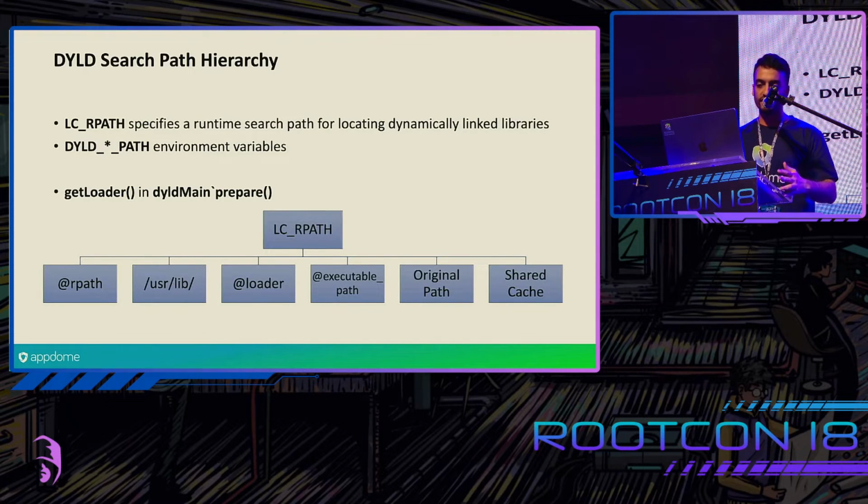In addition, dyld gives us many environment variables that we can use. For example, the DYLD_LIBRARY_PATH environment variable tells dyld to look for dynamic libraries in other folders that you can set.